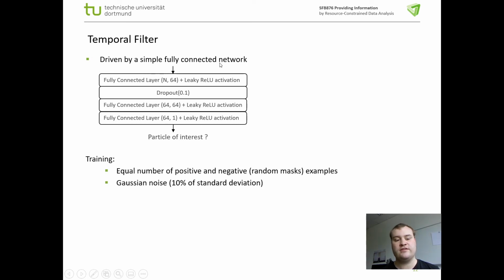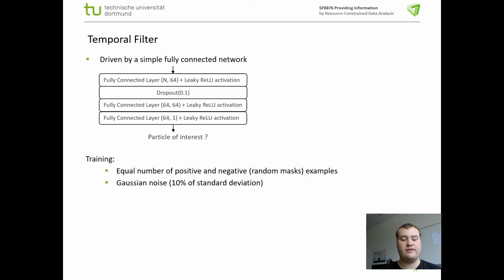This network consists basically of 3 fully connected layers with a leaky ReLU activation and a dropout, which is used just for training. The output is a particle of interest classification, so we get a confidence of how probable it is that the analyzed graph belongs to a particle.